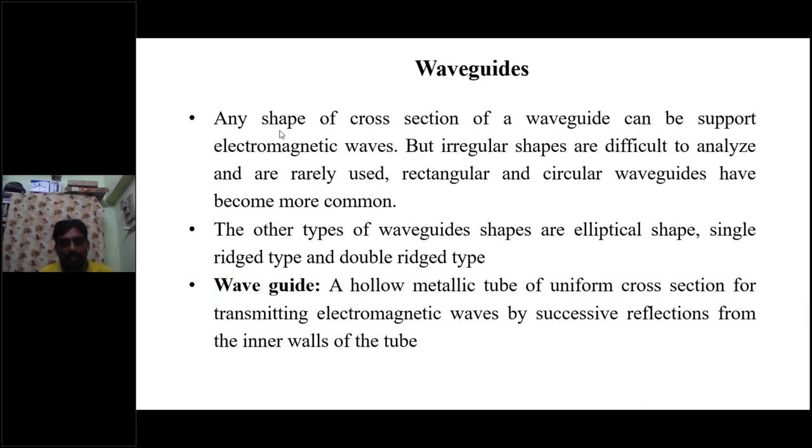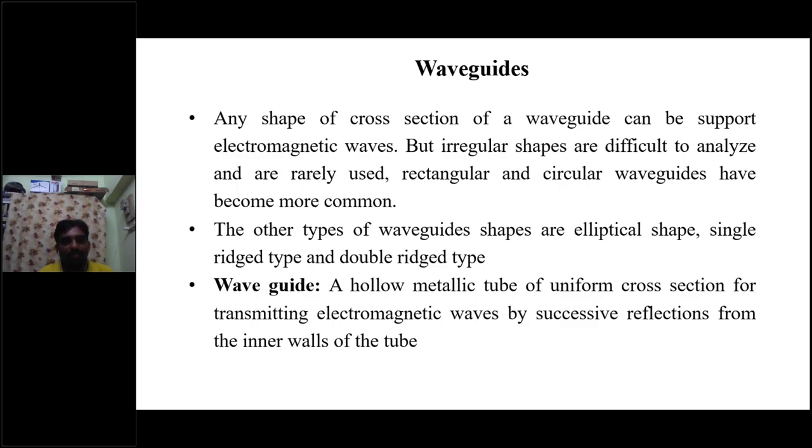The basic waveguides are rectangular and circular. In nature there are many types of shapes, such as elliptical, single ridge type, and double ridge type.